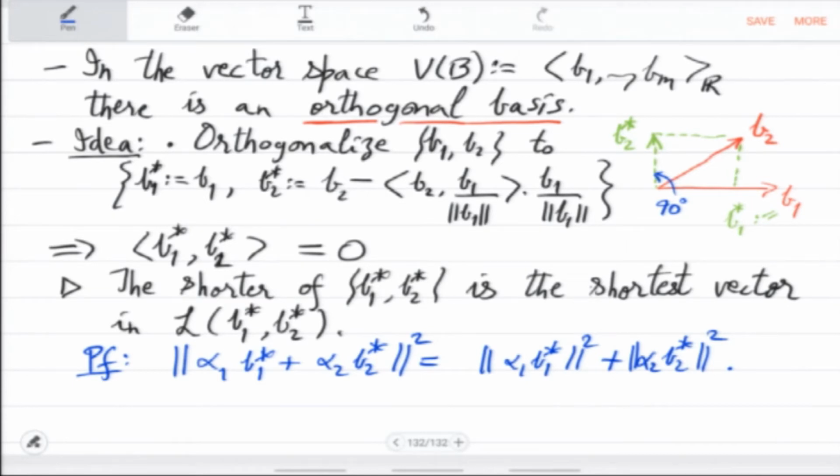If alpha 1, for example, is 1 or more, then this will contribute the length of B1 star squared. So any combination's length will be at least the smallest vector.